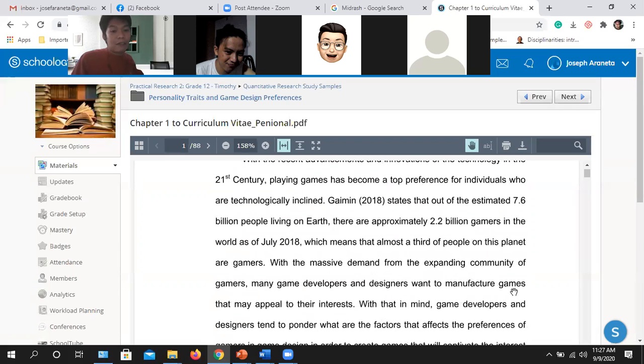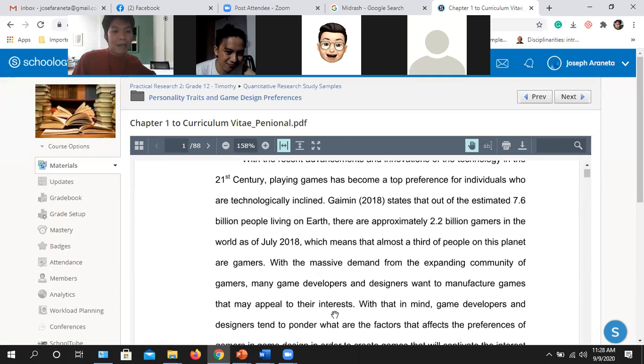So in this specific example, the authors stated their observation about the current situation in the gaming world and about the developers.